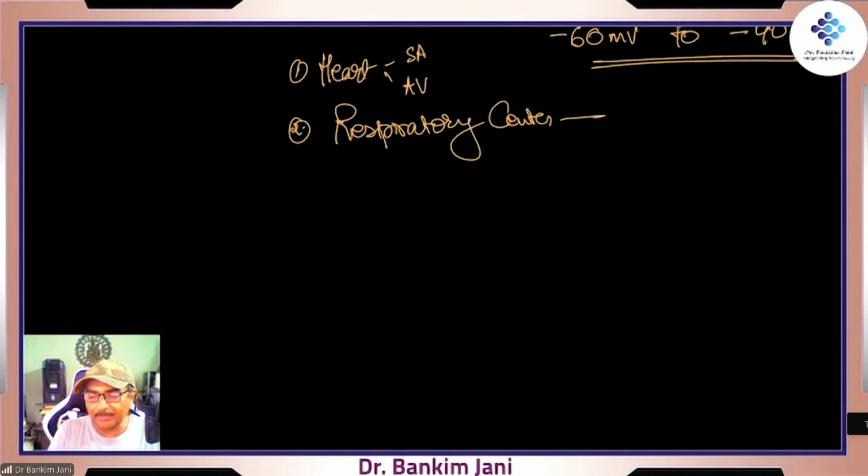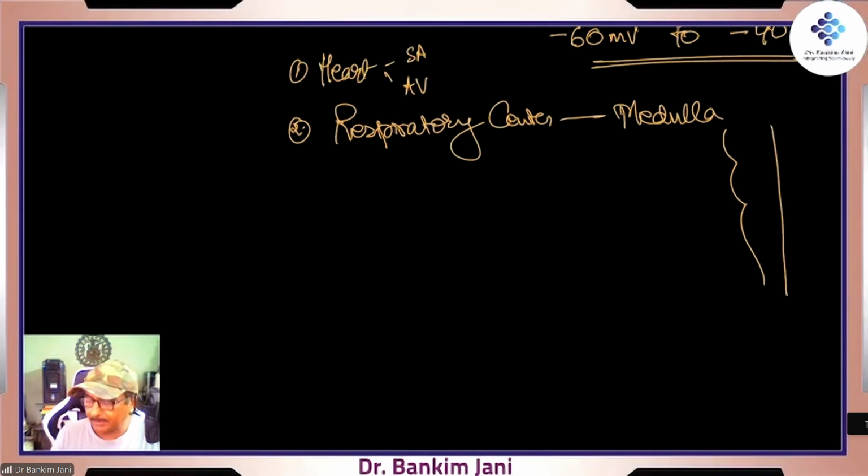Yeah, it will come. So the respiratory center is in the medulla, right? So this is the midbrain, pons, and then the medulla. Think of them collectively as what is called the brain stem. And don't worry about it. In this part, there is one center, that is the respiratory center.